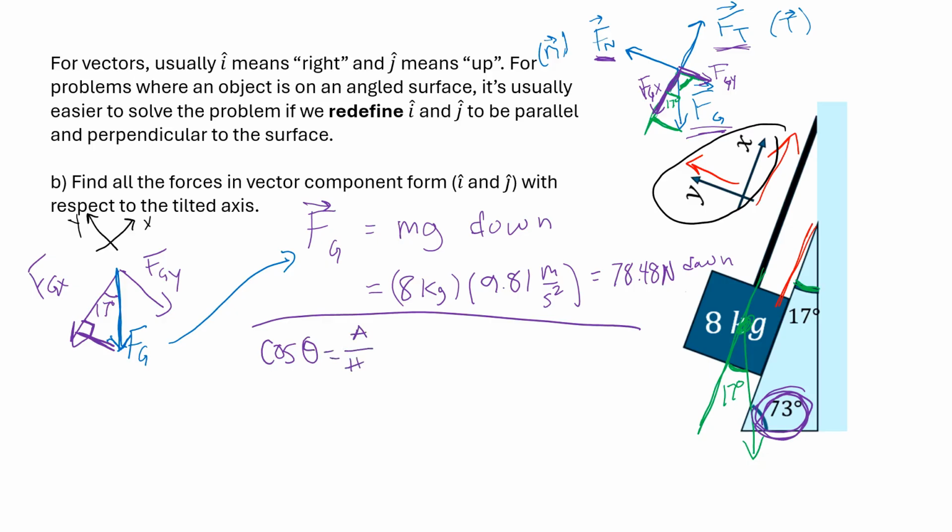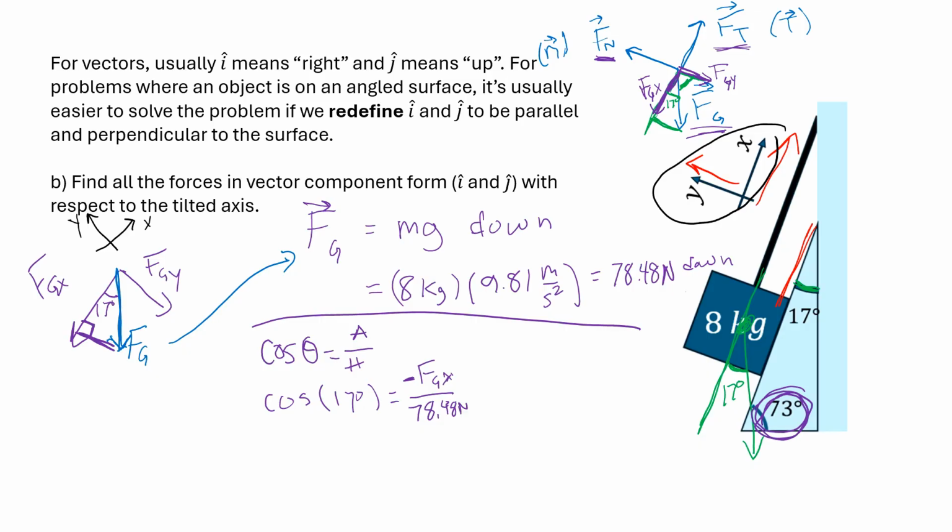I do know the angle. The angle is 17 degrees. The adjacent is the unknown FGX, and the hypotenuse is known. That's the 78.48 newtons. We do want this to be negative because it's going to be pointing opposite.